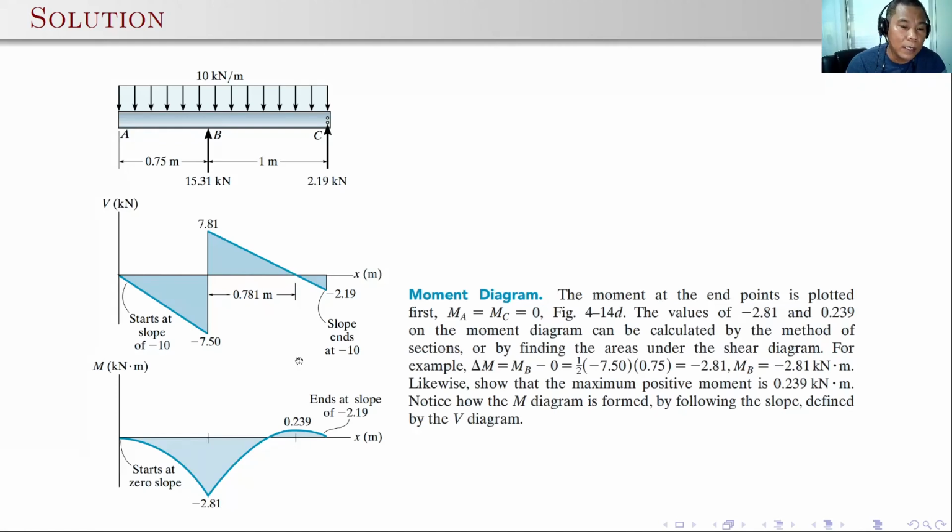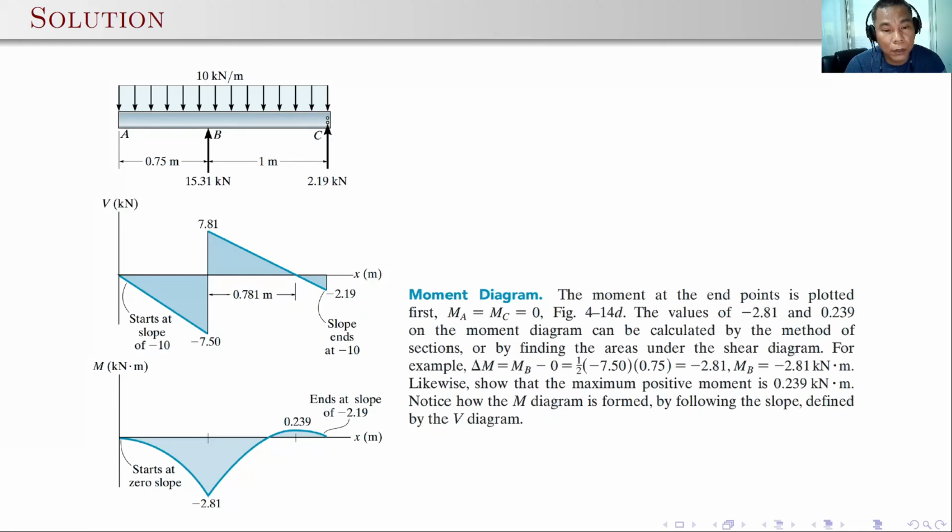At those four locations, the left and the right, we have zero moment, so that's not a useful one. But the most useful bending should be at the support for the overhang and at this portion. So we have a minimum value of negative 2.81 and a maximum of 0.239.